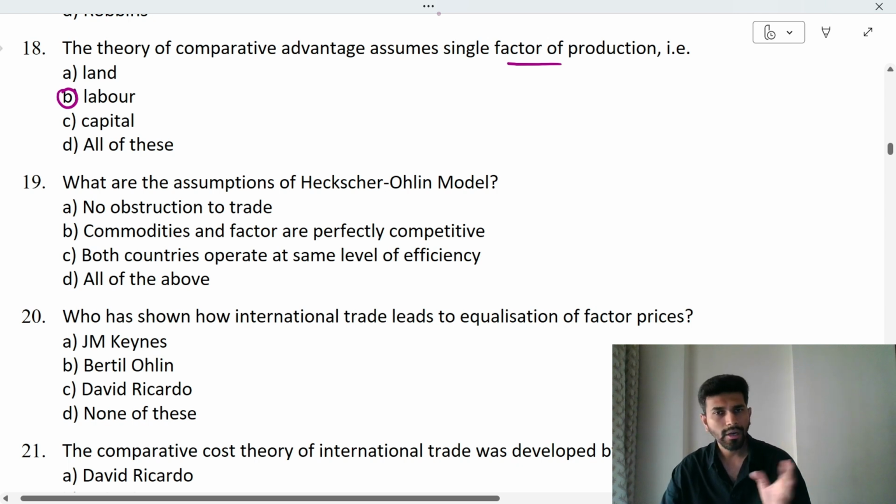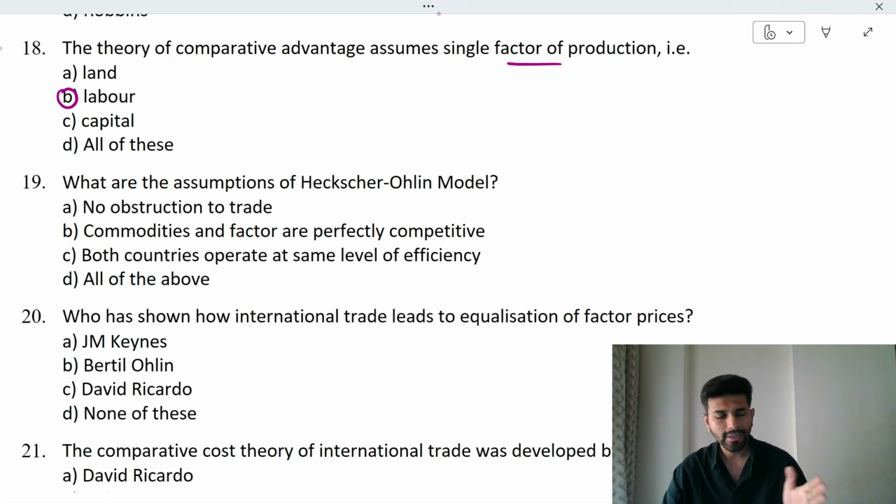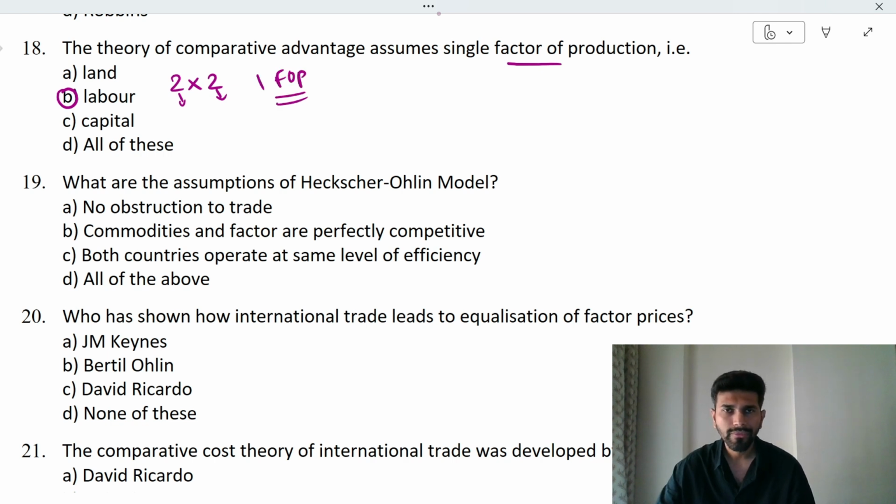Both the international theories, absolute advantage theory and comparative cost advantage theory, consider a 2 by 2 model. It means two countries, two commodities, and one factor of production, that is labor.